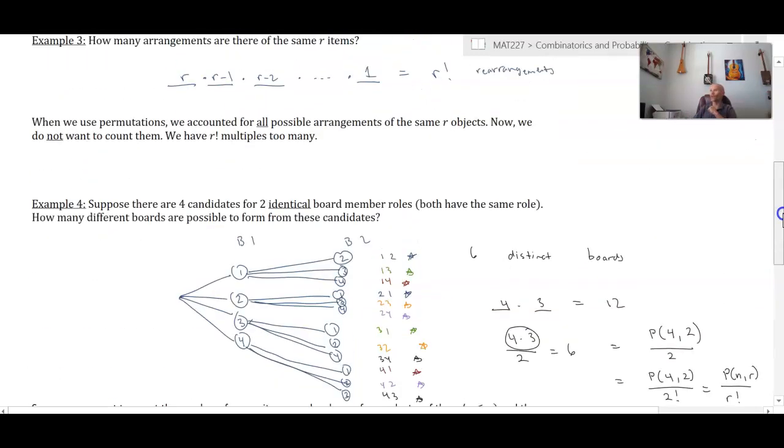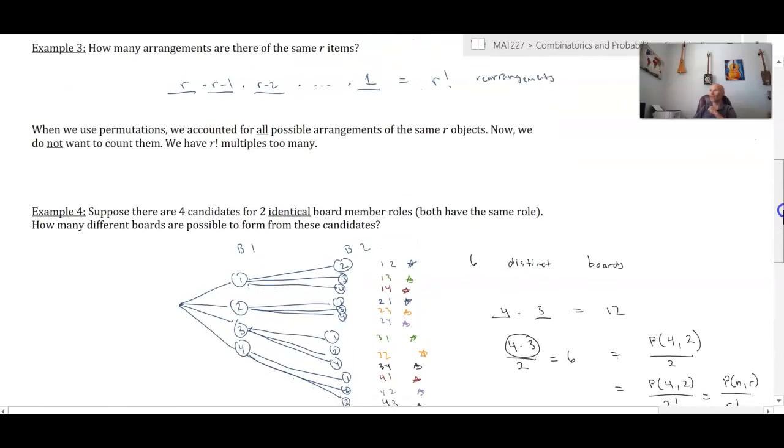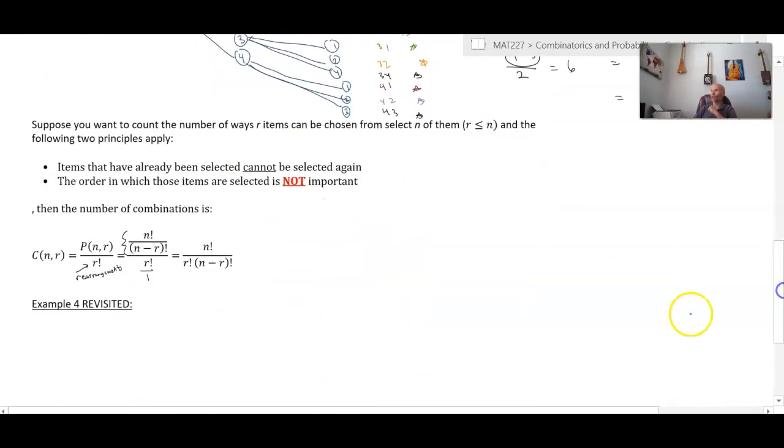So example 4 revisited, where we had these 4 candidates with 2 identical board member roles. Well, that would be the number of combinations of 4 members, pick 2 of them, order doesn't matter. Here n is 4, r is 2, so this will be 4 factorial divided by 2 factorial times (4 minus 2) factorial. Again, you can't distribute factorial across subtraction.